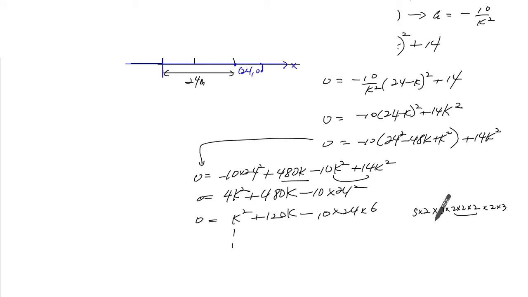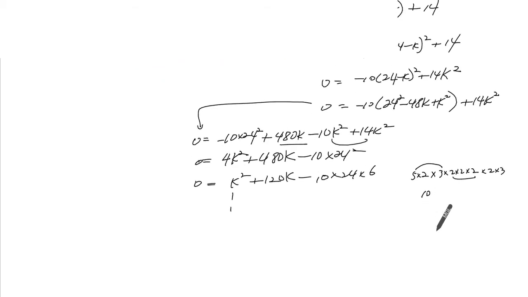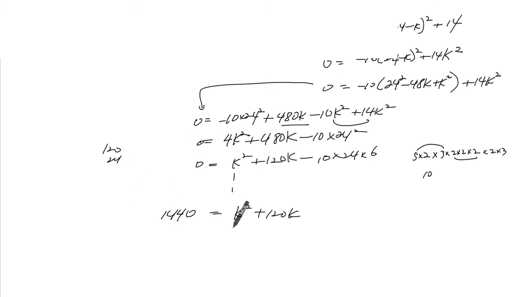There are a lot of options here, so we can spend quite a bit of time trying to figure this out, and it might not even work out. So why don't we just go straight to completing the square. k squared plus 120k equals, bringing this over to the other side, 120 times 24 is 1440.